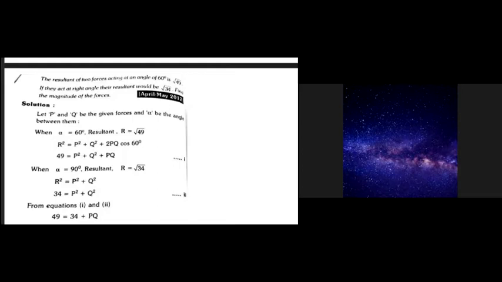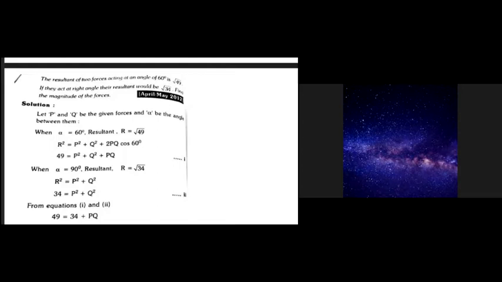What about the cos 60 value? It's a half, so the 2 gets cancelled. We will get PQ only as the third factor. Finally we'll get 49 equal to P square plus Q square plus PQ. Assume this is equation number 1.